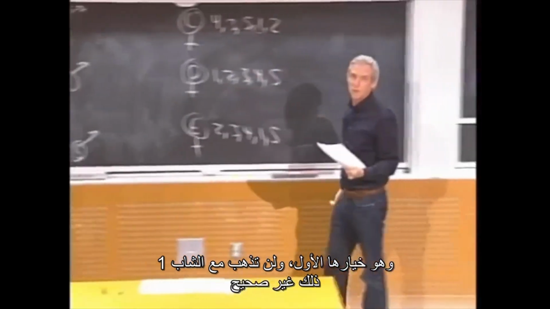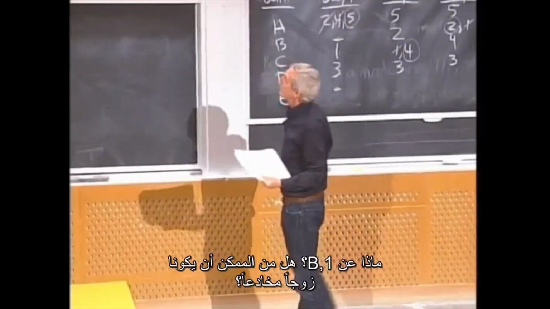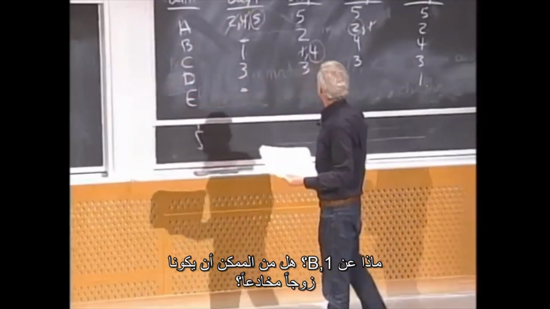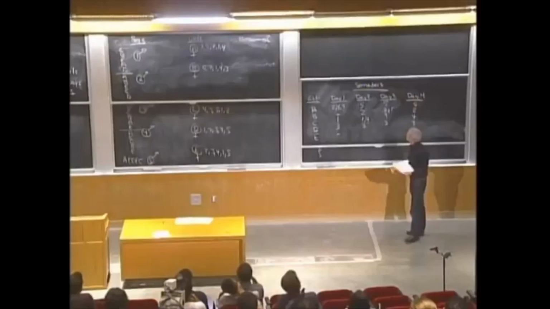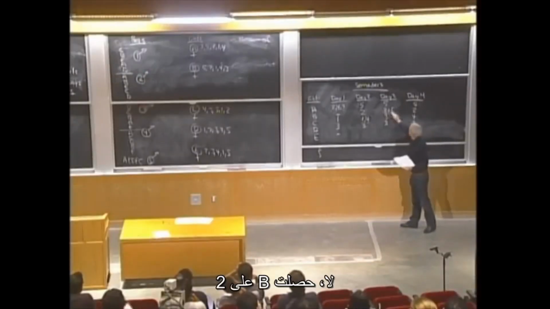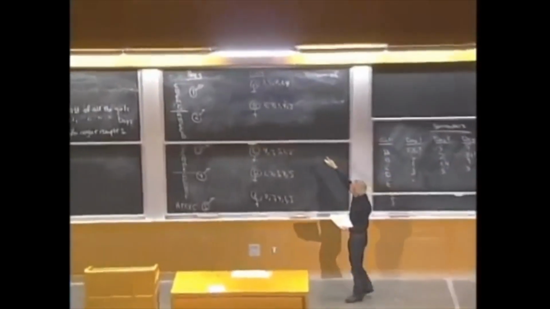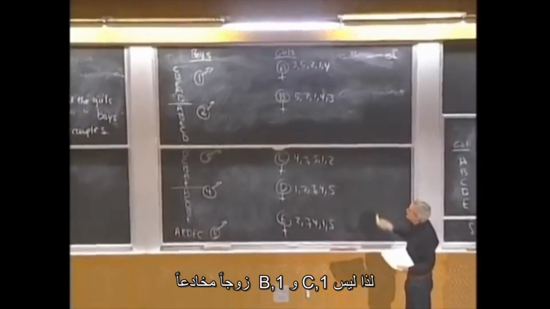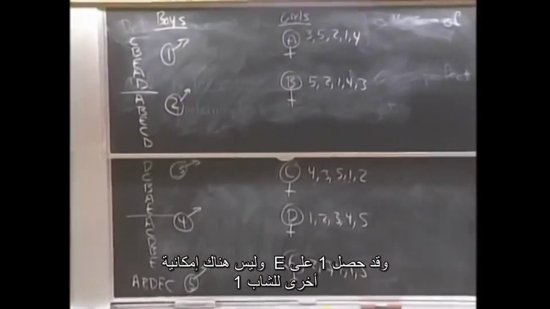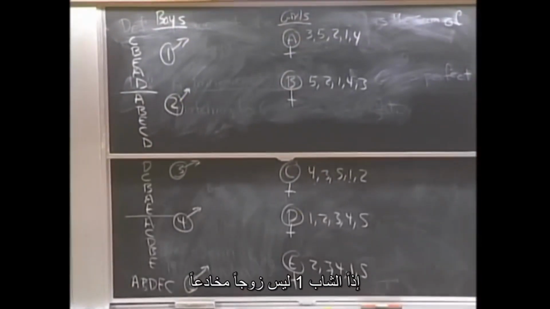She's not going with boy 1. That's not working. What about 1B? Could that be rogue? No, B got 2, and B likes 2 better than 1. So 1C and 1B are not rogue, and 1 got E, so there's no other possibility for boy 1. So boy 1 is not in a rogue couple.